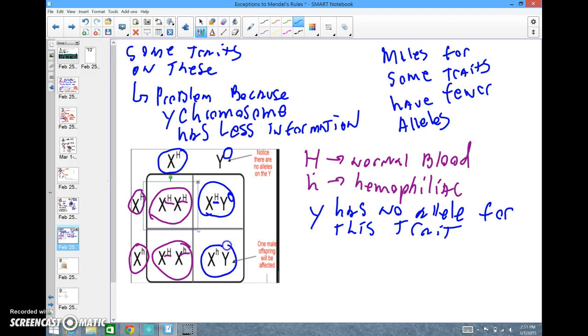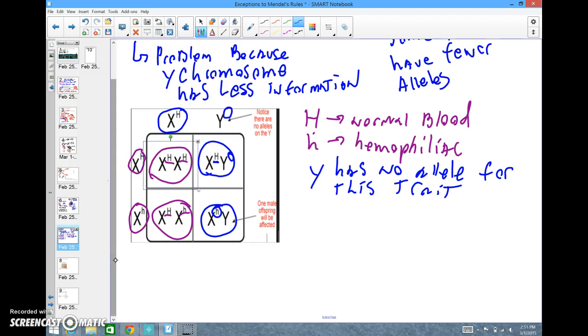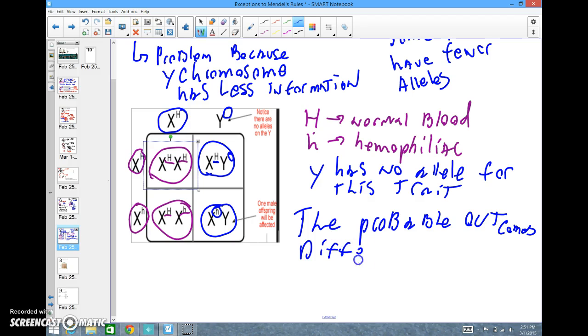And you'll notice here, this boy has hemophilia because he only has one copy of the allele, so he can only get that trait. So for sex-linked traits, this creates situations where the probable outcomes are different across genders. Okay, that's really important, that they are different across genders.